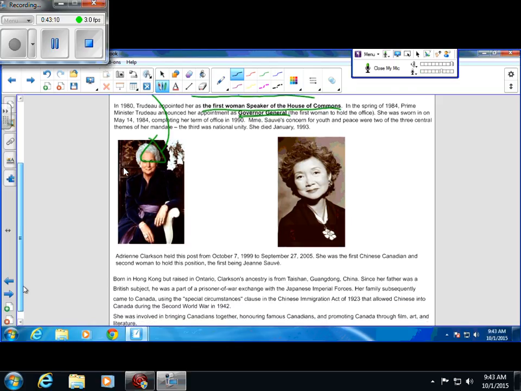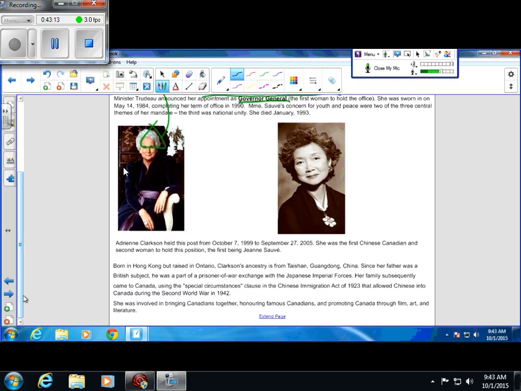Two. The next lady we want to talk about is Adrienne Clarkson. So what made her important in terms of Canadian women in politics? Well, she was the first Chinese Canadian, and the second woman to hold the position of Governor General of Canada.